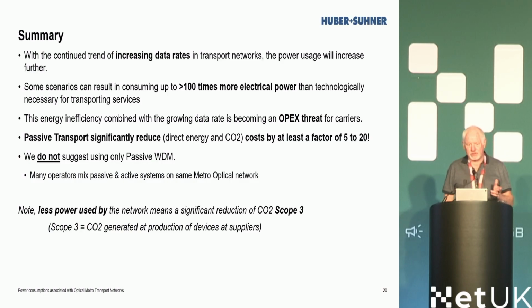The only thing that might differentiate is the insertion loss. Oh, one other thing with regards to passive WDM that I should have mentioned, and higher speeds, sort of 400 gig and 800 gig.